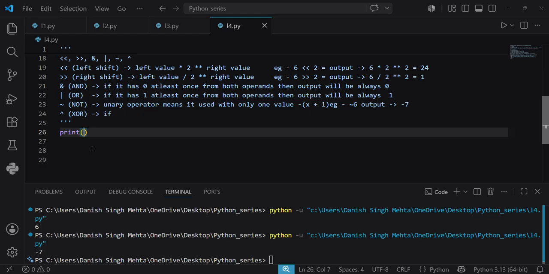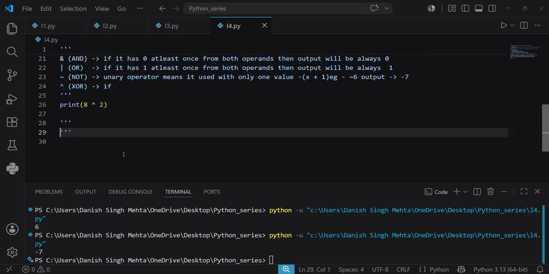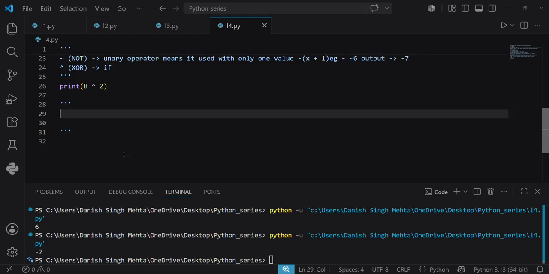If I do XOR of 8 with 2, let me tell you the rules of XOR.